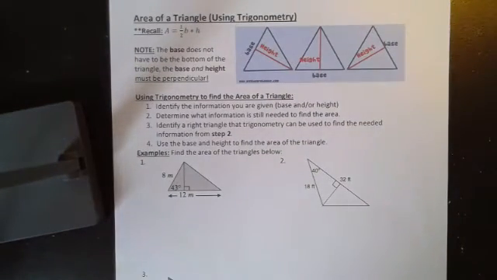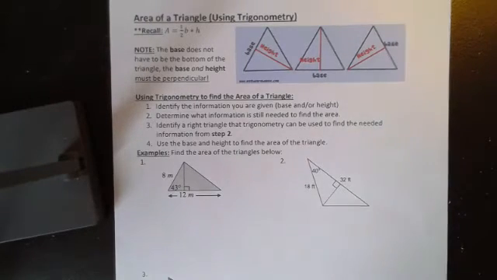So when we're using trigonometry to find the area of a triangle, the first thing we want to do is identify what information you're given. So identify if you're given the base or the height or both. Because we're going to be using trigonometry, we're most likely going to have to find one or the other. After that, then we want to determine what information is still needed to find the area. So if we're given the base, then you know you need to find the height to find the area, and vice versa.